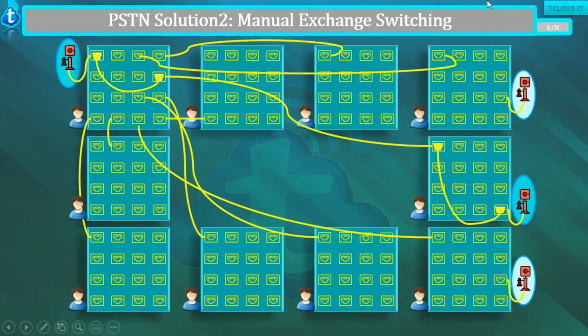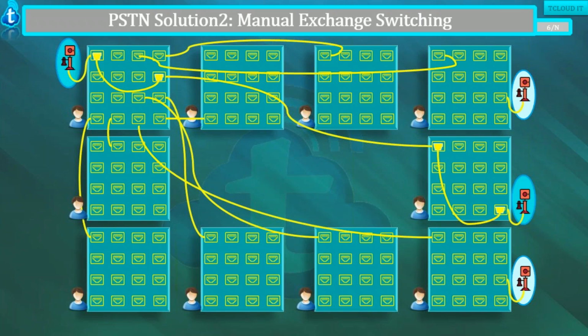Actually speaking, there is a technical solution, but there is no direct solution between these two exchanges. The reason is these two exchanges do not have any connectivity with each other directly. So the users under these two exchanges are secluded. They can't communicate with each other as there is no communication link between these two exchanges.